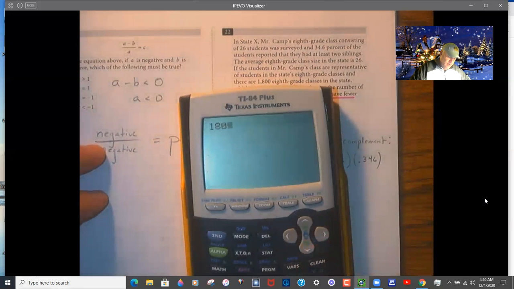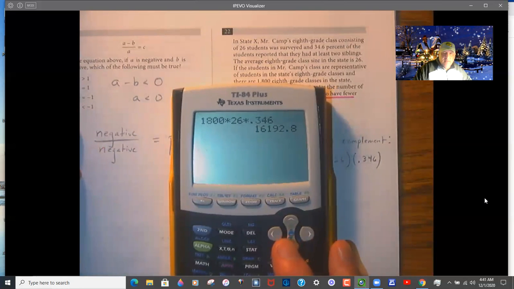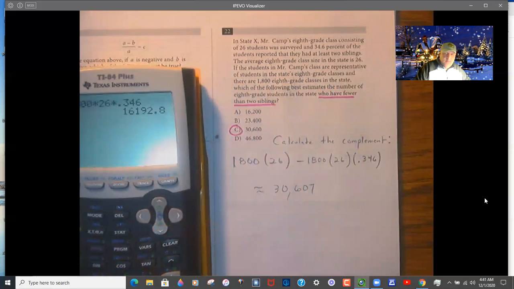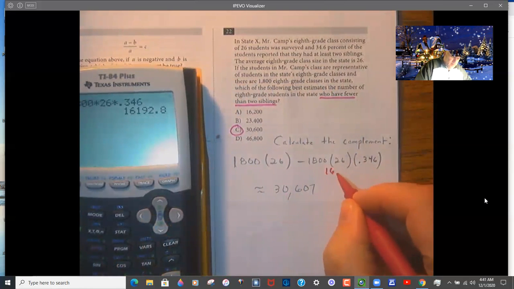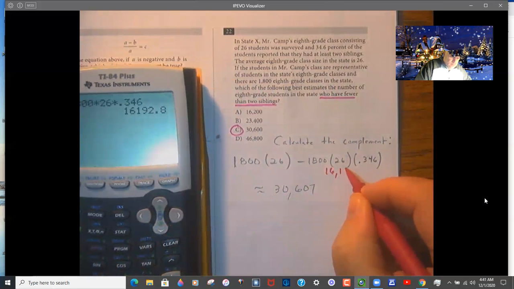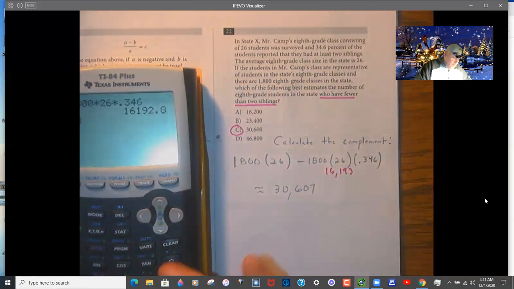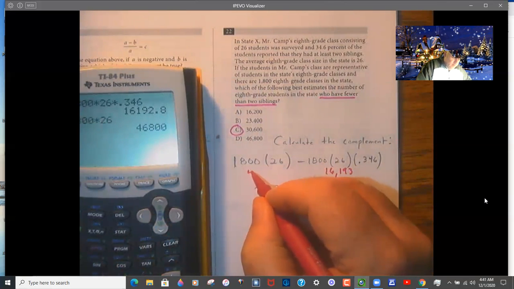So 1,800 times 26 times 0.346. So 16,193 is this number. And then 46,800 is this number.